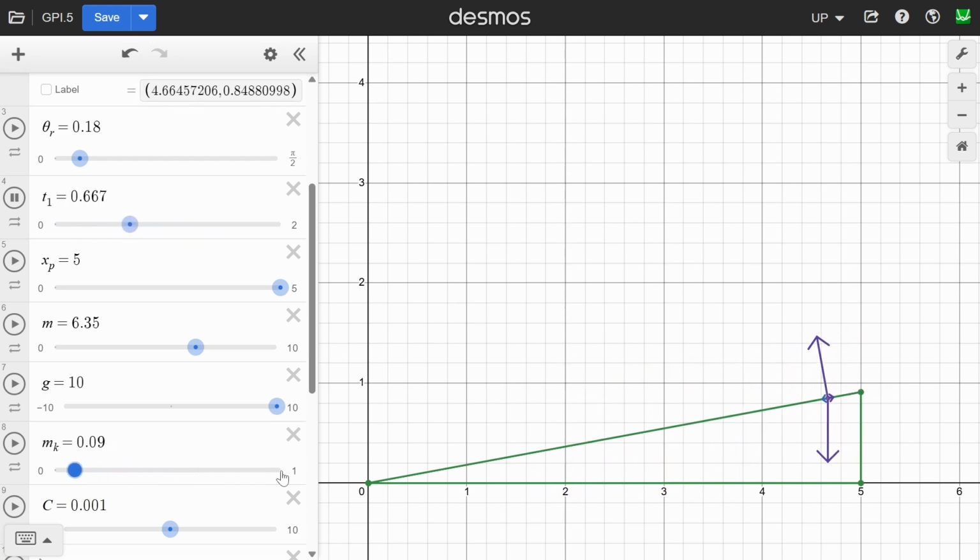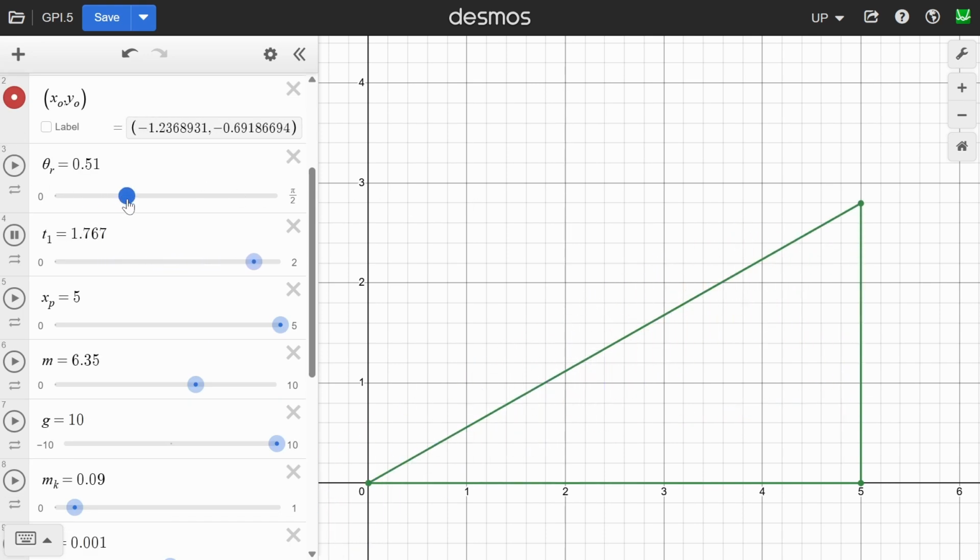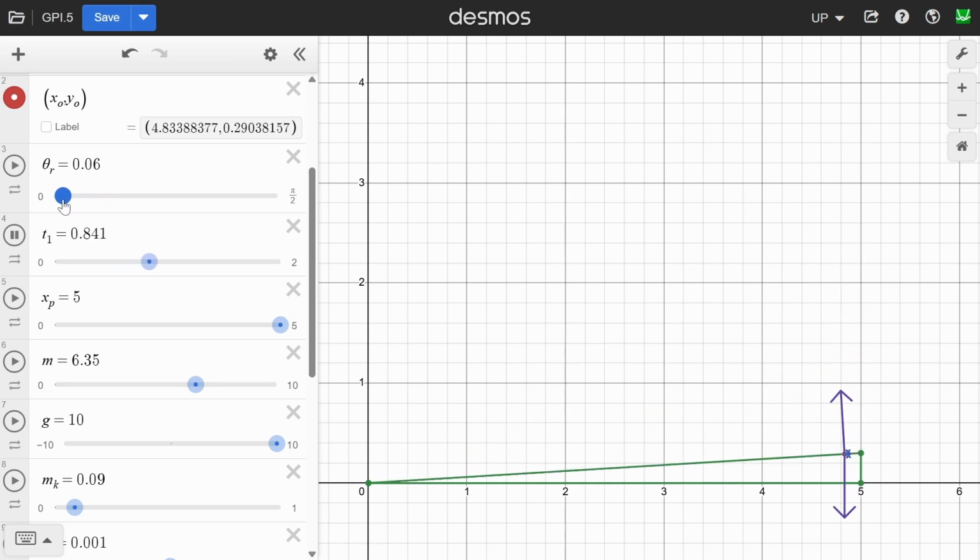I'll put that to be 0.09. You could see that it is traveling much slower compared to if you put it at a higher angle. Compare that to something like that. And then this will also break at a certain angle.